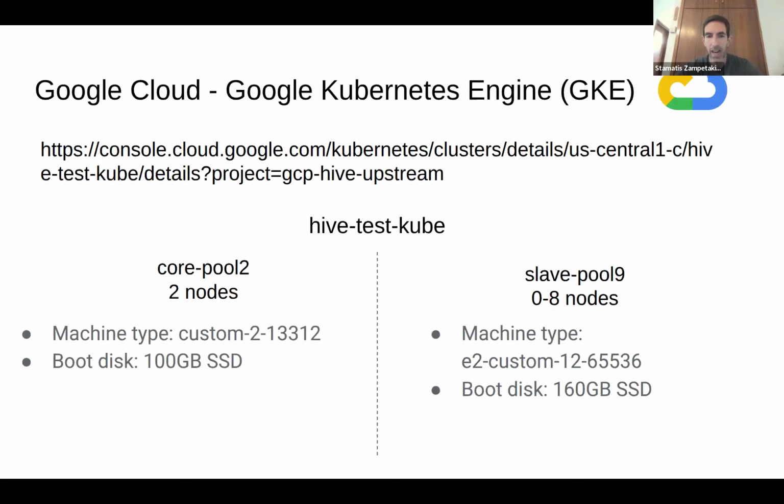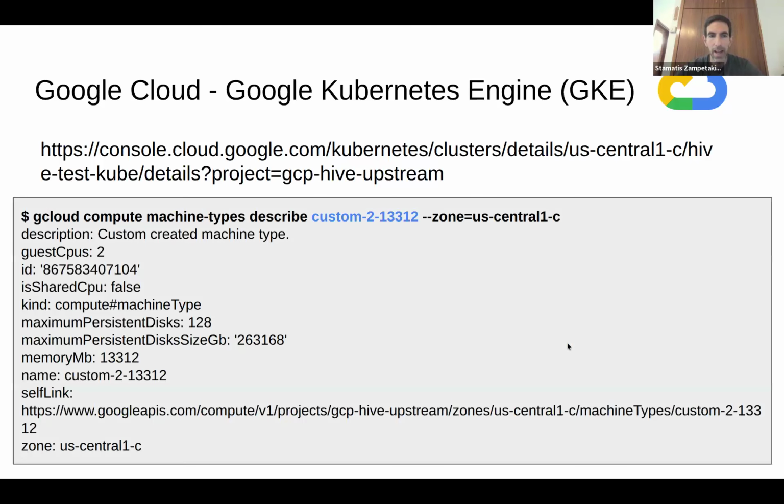As we said, the core pool uses this kind of machine type. If we want to get more information about the machine for this node pool, we can see that it has 2 CPUs.